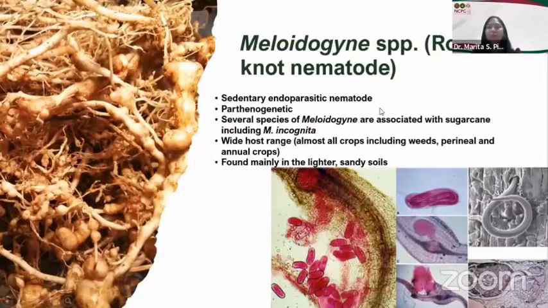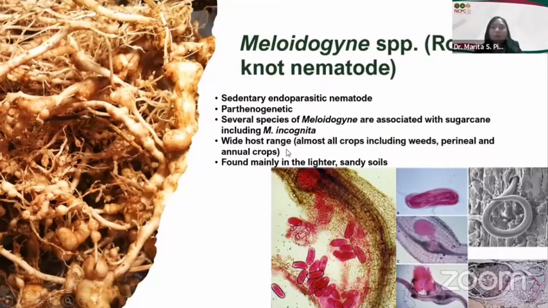As for the root knot nematode, it's sedentary, as I explained in the earlier slides. It's a sedentary endoparasitic nematode. It's parthenogenetic, so it doesn't need male nematodes to produce offspring. In sugarcane, there are several species of Meloidogyne associated, including Meloidogyne incognita.